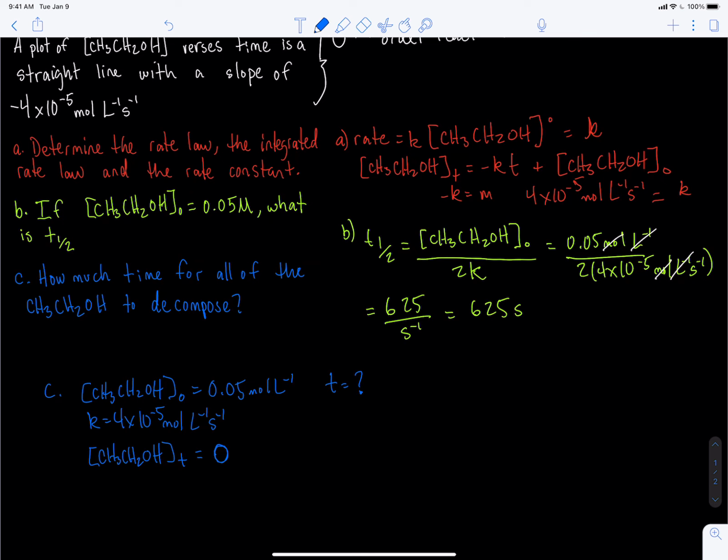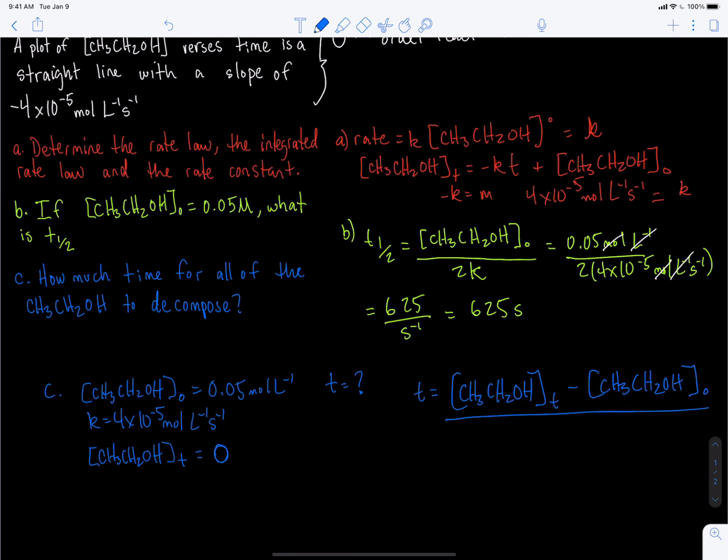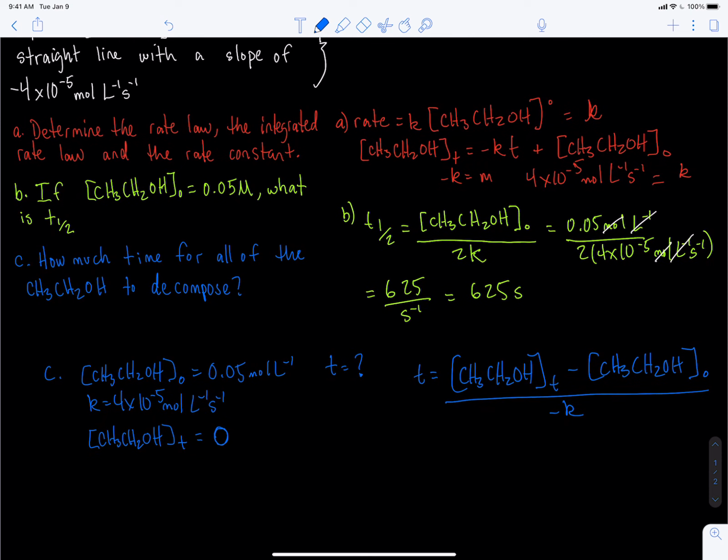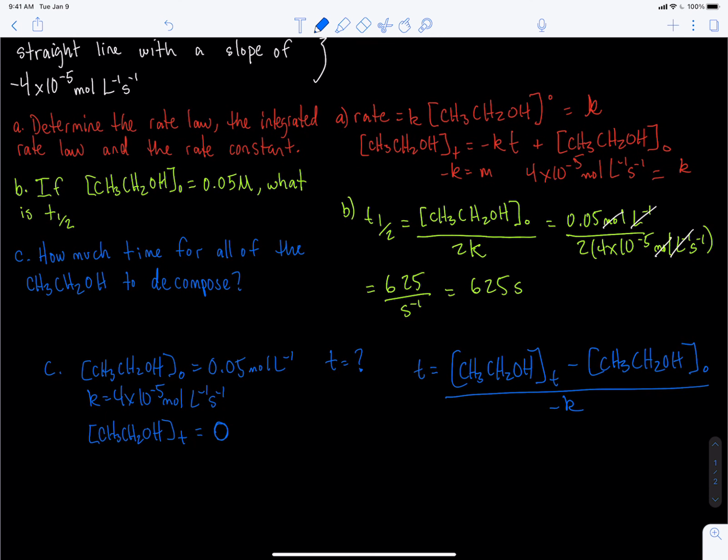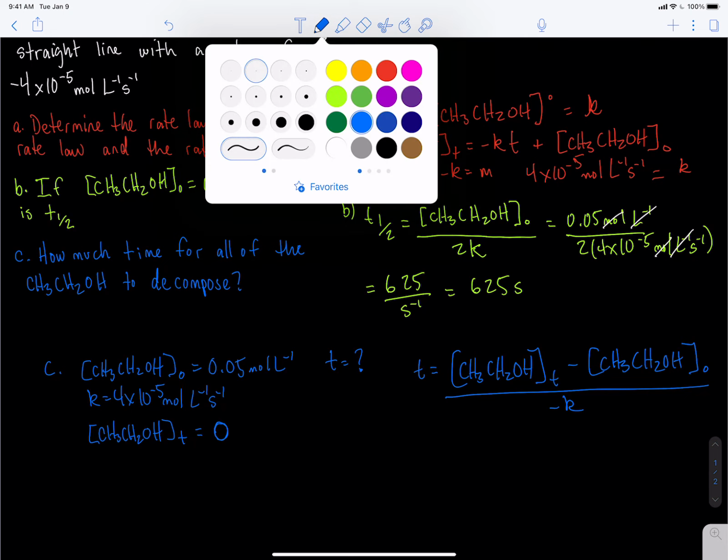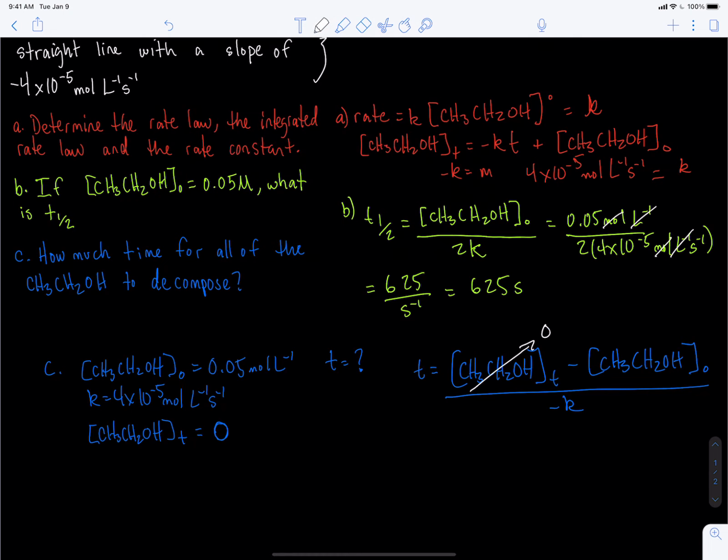We'll end up with T is equal to the ethanol concentration at some time T minus the initial concentration of ethanol, and all of that is going to be divided by negative k. Here it simplifies rather quickly because remember that this is just 0.